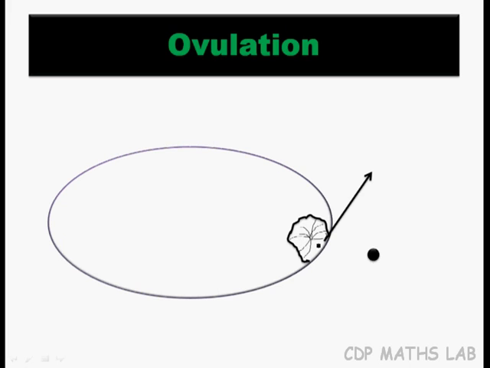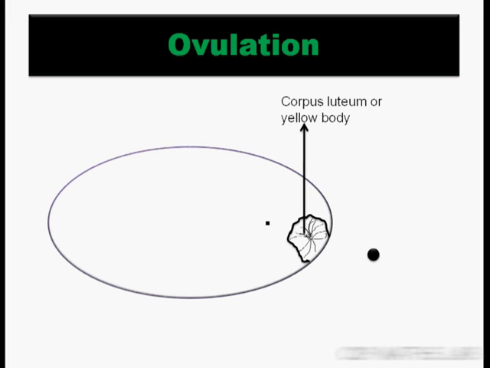In other words, if pregnancy occurs, this area will not break down. It will remain as it is. All right? So this area is called the corpus luteum or yellow body. So after the egg is released, this appears, and the appearance of this thing is called the corpus luteum or the yellow body.